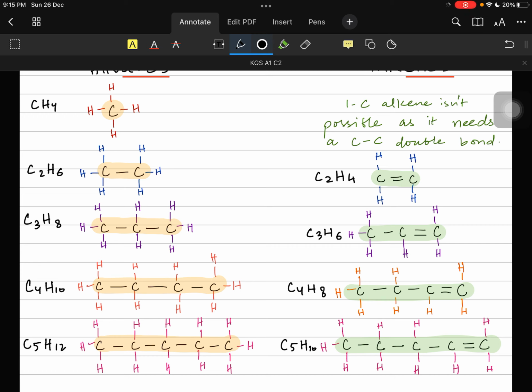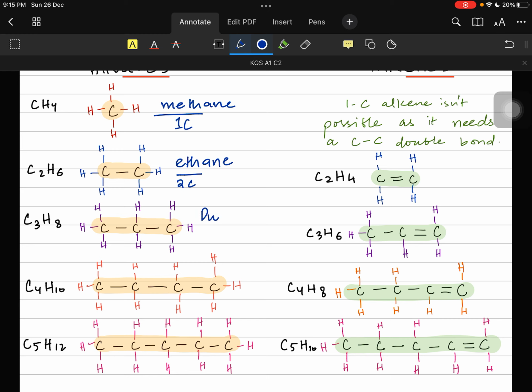So this entire structure over here is the alkane homologous series. This one over here is known as methane. Meth in organic chemistry means 1 carbon, so it's methane, a 1 carbon alkane. The other one is ethane. Eth means 2 carbons and ane means alkane.